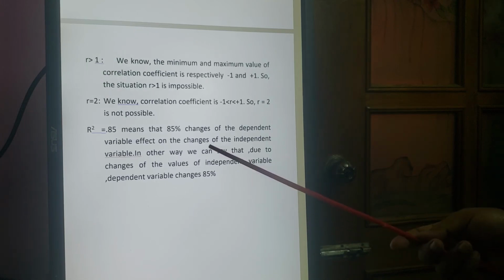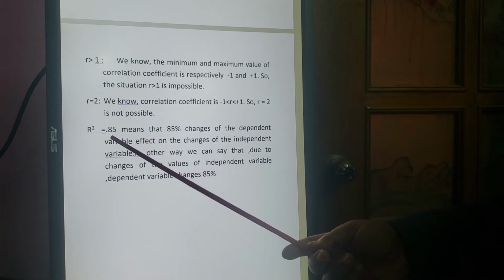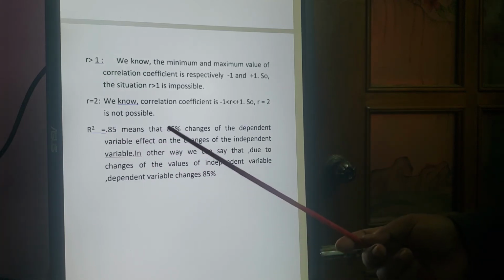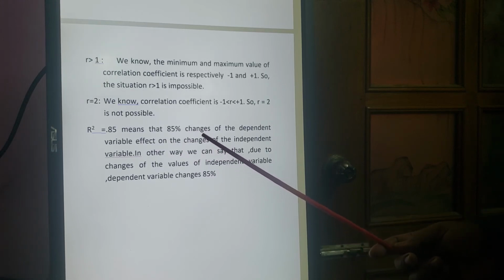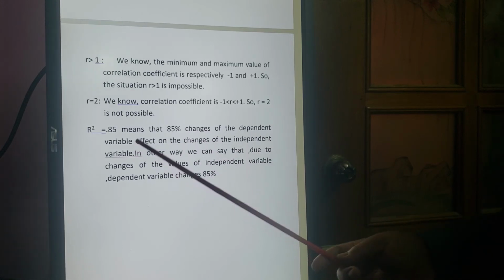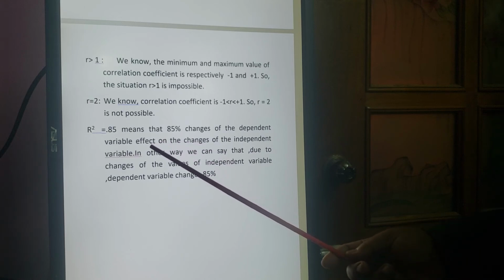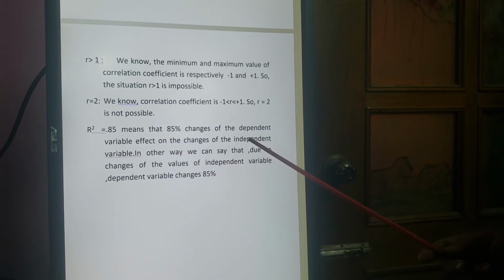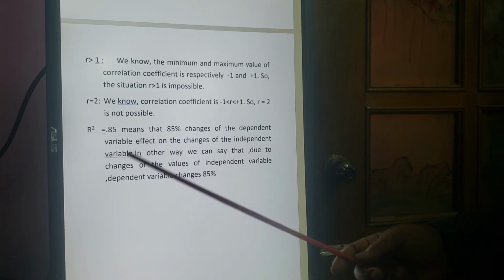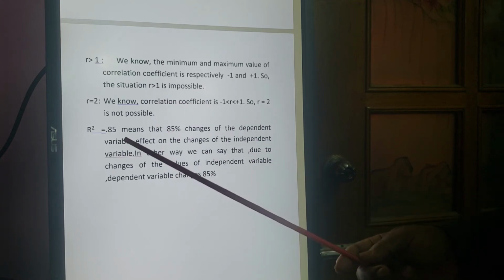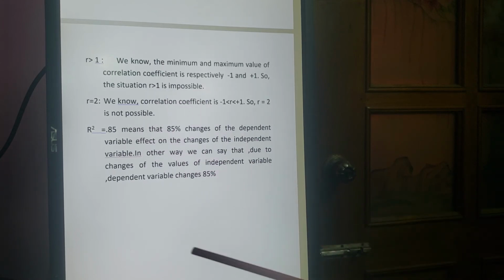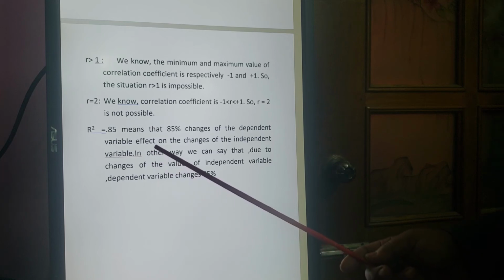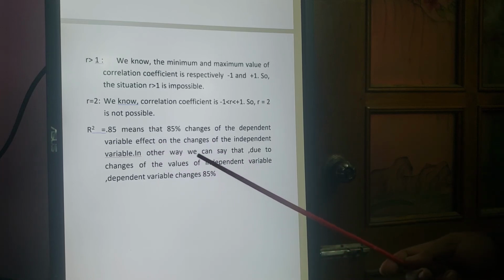Now r square equal to 0.85. What does it mean? It means that 85% of the changes of the dependent variable are an effect of the change of the independent variable.